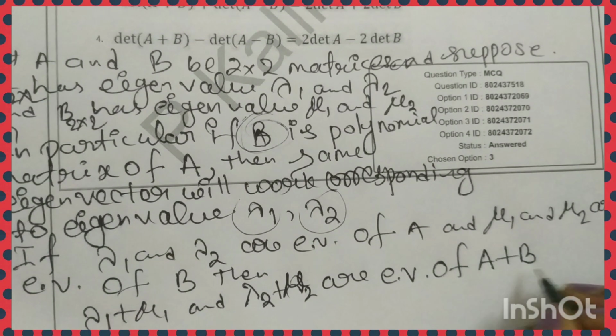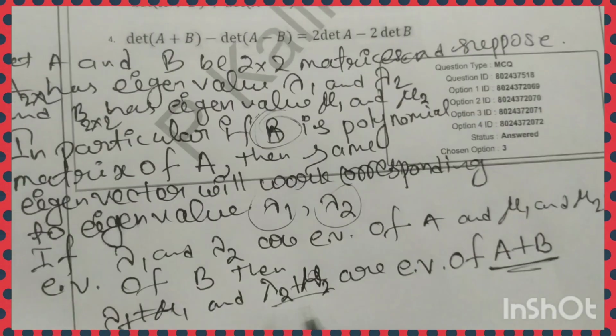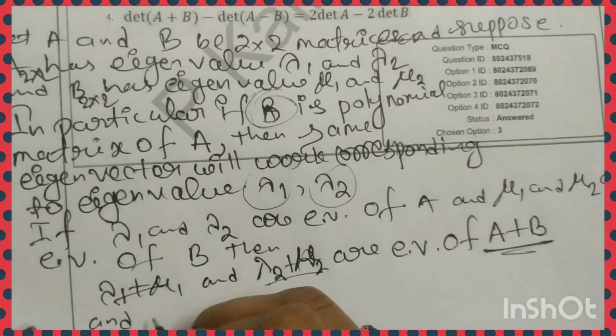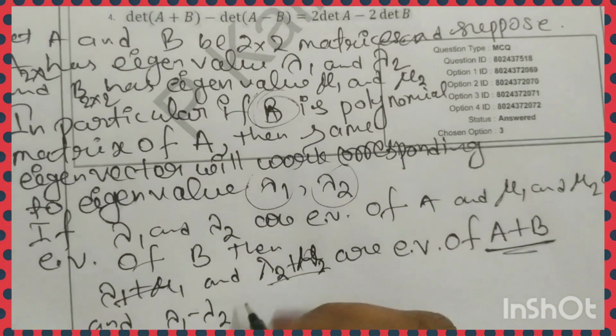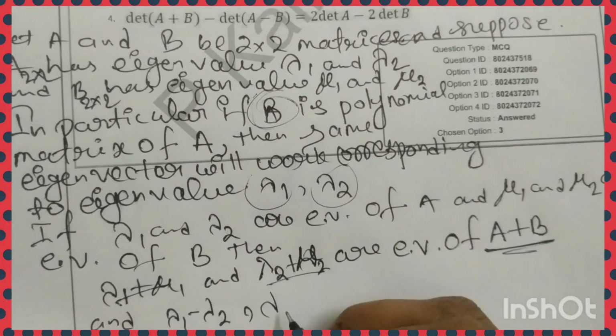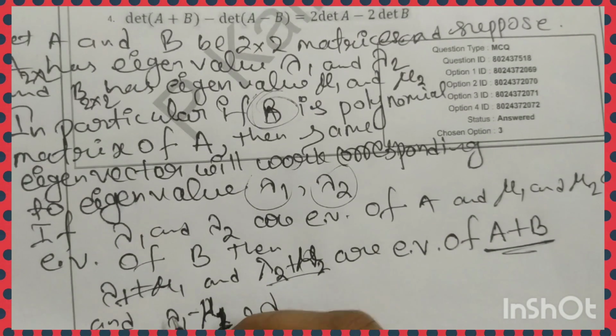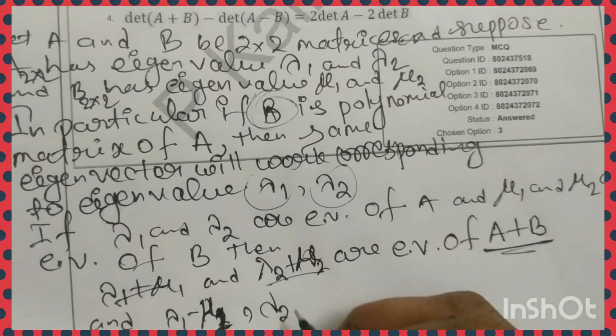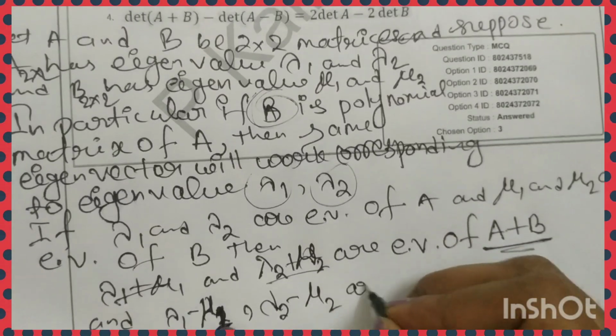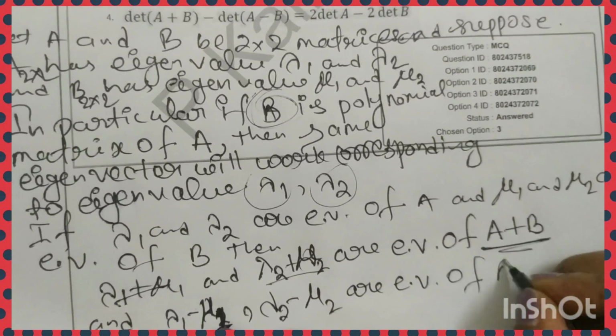So the eigenvalues of A plus B will be these two, and lambda 1 minus μ1, sorry, my mistake, lambda 1 minus μ1 and lambda 2 minus μ2 are eigenvalues of A minus B.